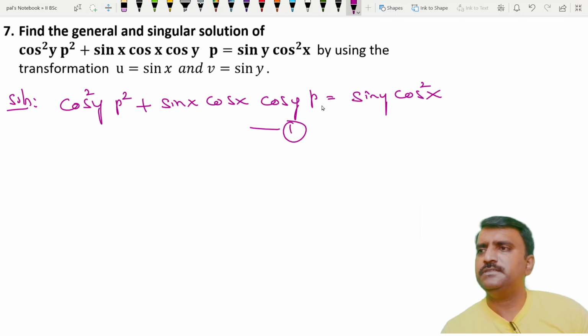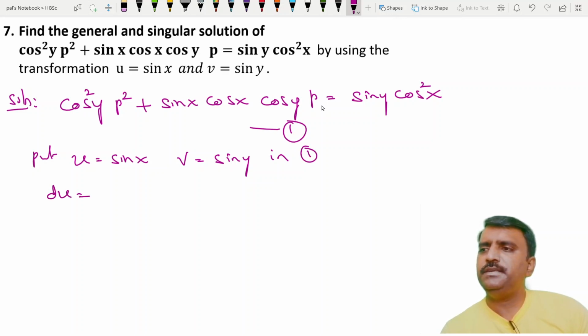Take this expression as 1, put u is equal to sin x and v is equal to sin y in expression 1. Then du is equal to cos x dx, dv is equal to cos y dy.